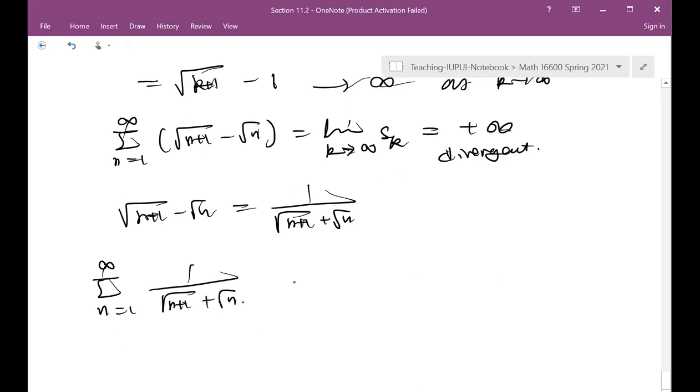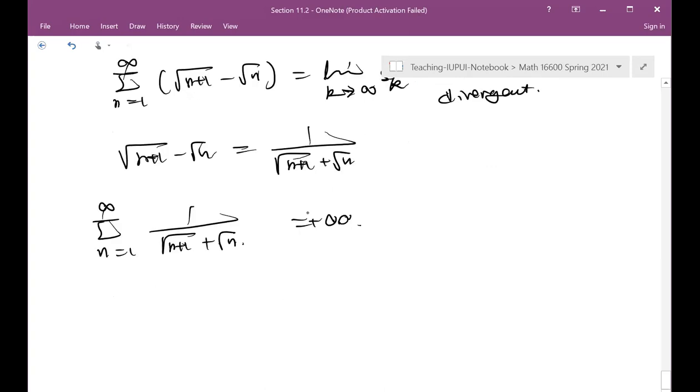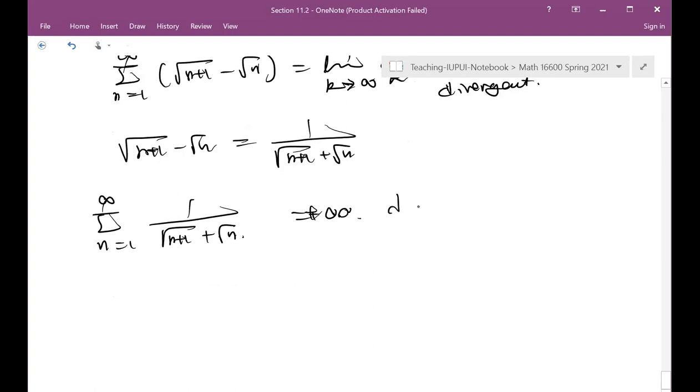This is the same. Yeah, this is divergent again. We may find another way to check that later, but because this is the same series as above, I just modified the nth term. I expressed this from difference to a fraction.